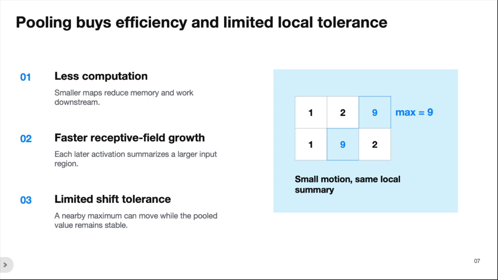Third, max pooling can make the representation less sensitive to small local shifts. If the strongest activation moves slightly but remains inside the same window, the pooled value stays the same. This is a limited local tolerance, not a complete translation invariance. Crossing a window boundary can still change the output abruptly.